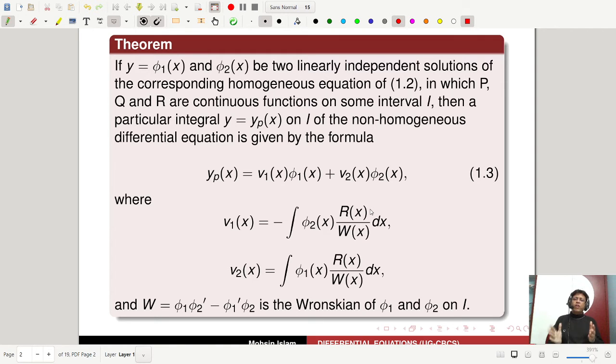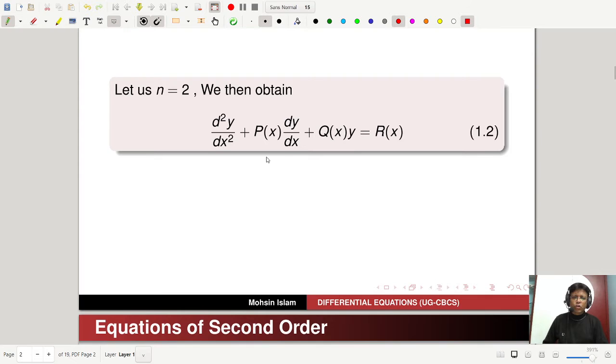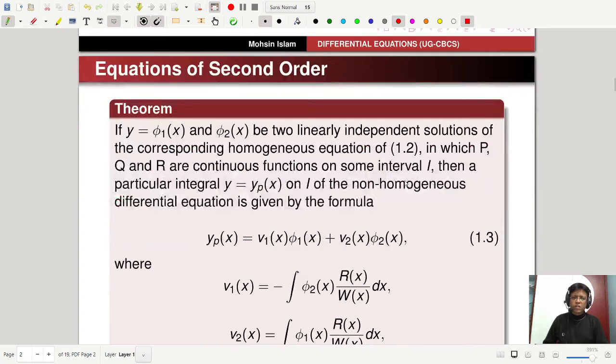If y equal to phi 1(x) and phi 2(x) be two linearly independent solutions of the corresponding homogeneous equation of 1.2, so this is your homogeneous equation, in which p, q and r are continuous functions on subinterval I. These are all continuous functions in subinterval I.